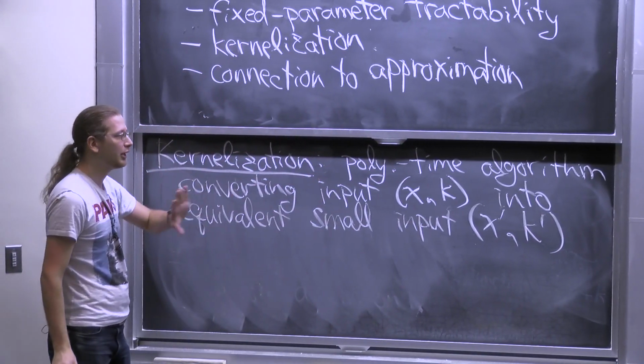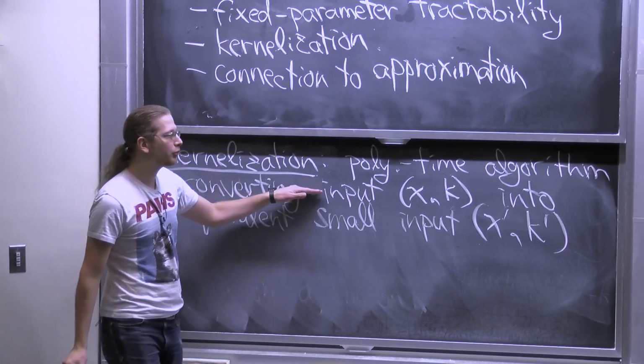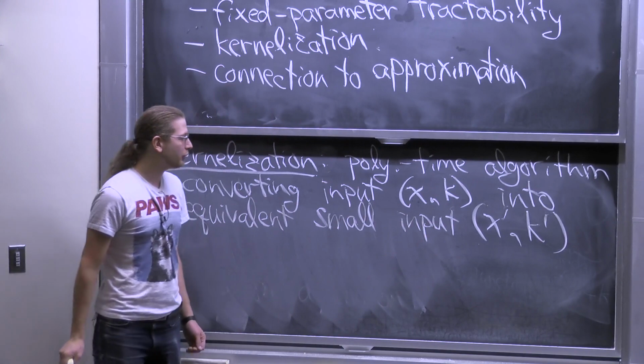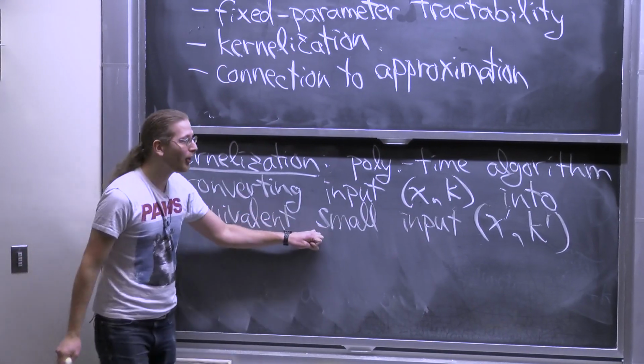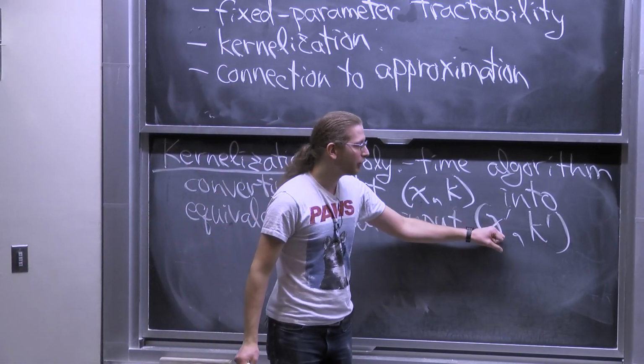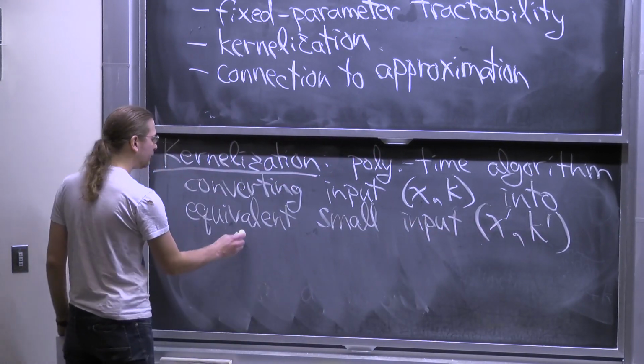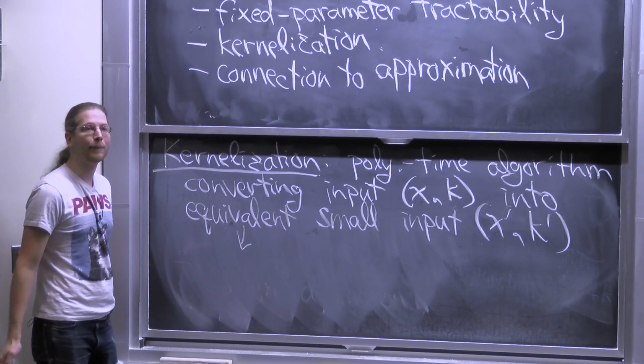Okay, if the problem is fixed, say vertex cover, we're given an arbitrary input. This would be a graph and a number k. And we want to convert it into an equivalent small input, which is another graph G prime and another parameter k prime. So equivalent means that the answer is going to be the same.